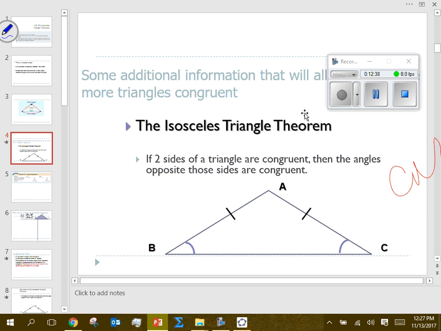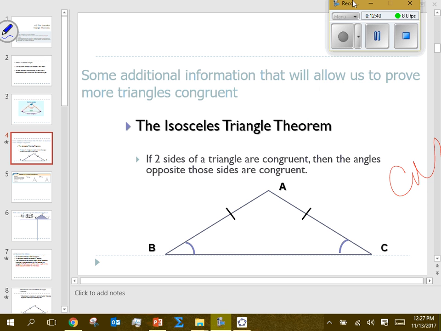All right. The number one theorem that we're going to see in this section is the isosceles triangle theorem. It kind of sets the foundation for everything else that we learn in this section.